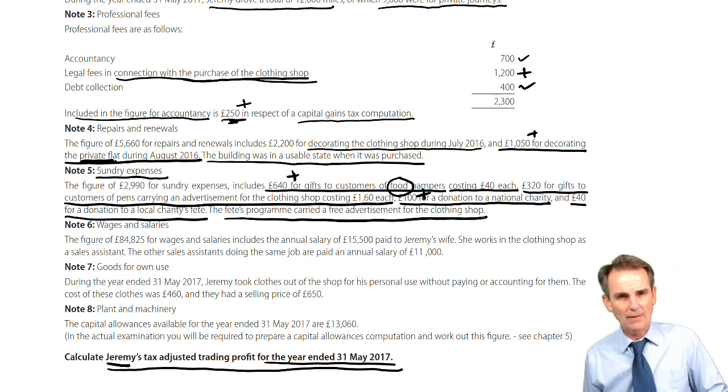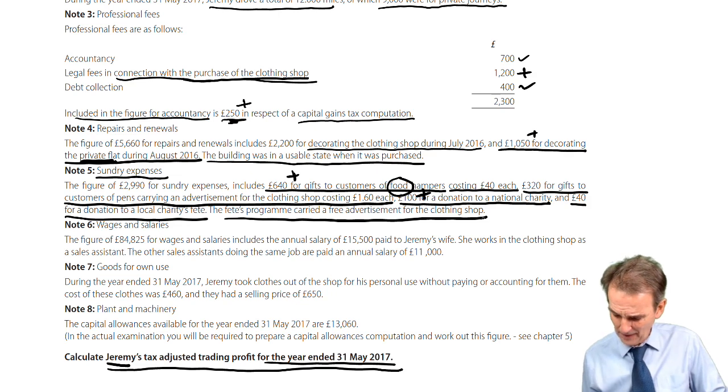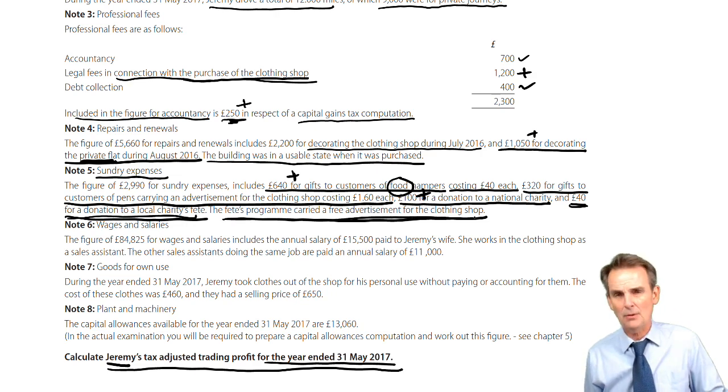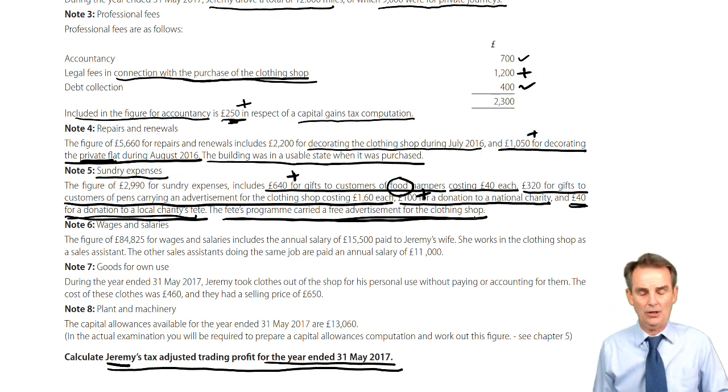Watch out in terms of how examiners could, dare I say, trick you here. Not that they do try to do that, of course. But here, this self-same item, £40, donation to local charity, fete's programme carried the free advertisement, but what you're then told is that Jeremy made the payment under the gift aid system.